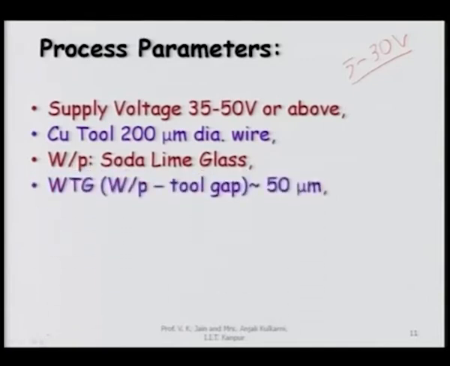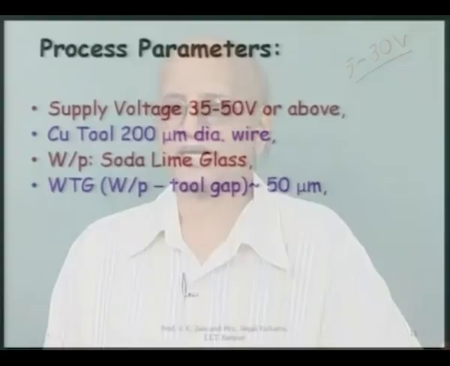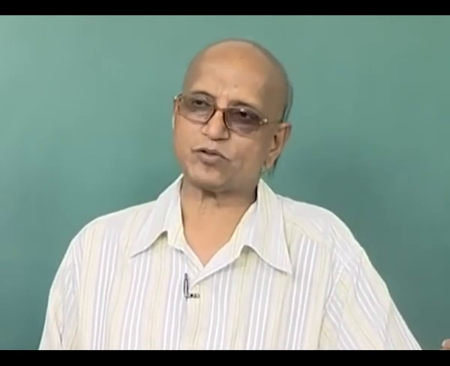The gap between the workpiece surface and the tip of the tool was around 50 micron. It can be more than that also, as I mentioned in the earlier slide, around 100 micron. It can be even lower, depending upon the application, whether macro or micro material removal.